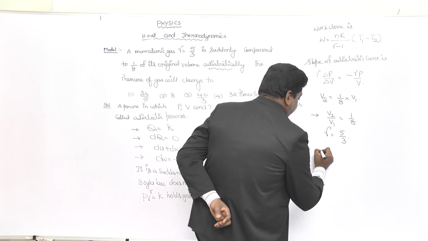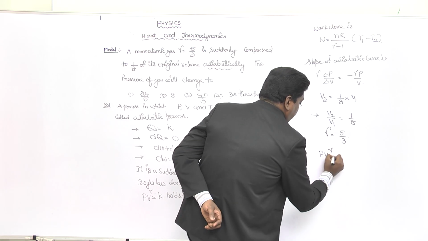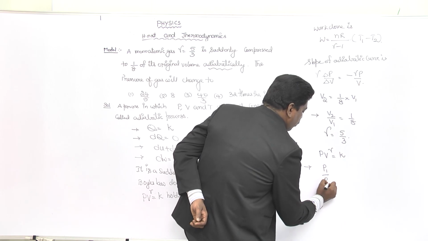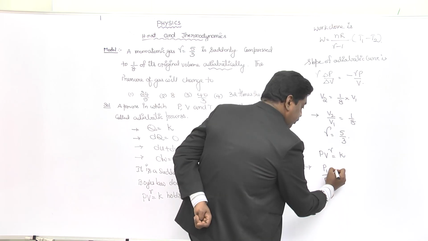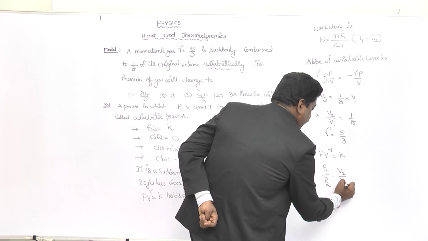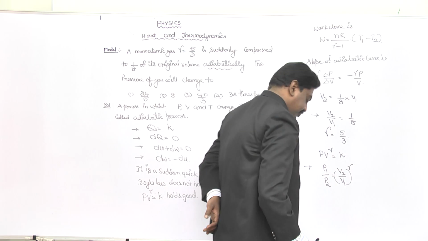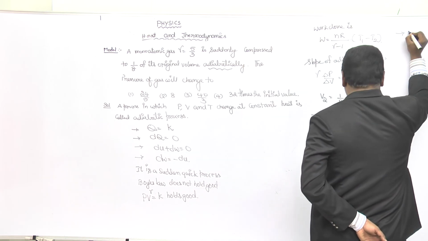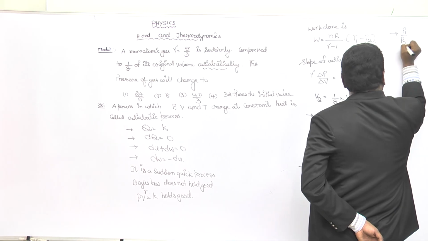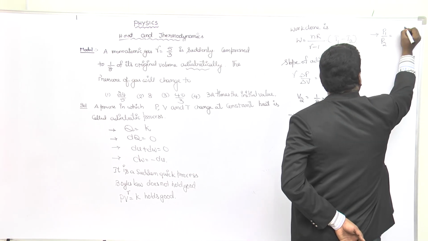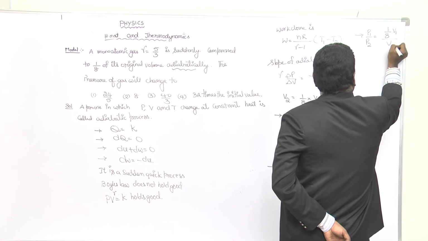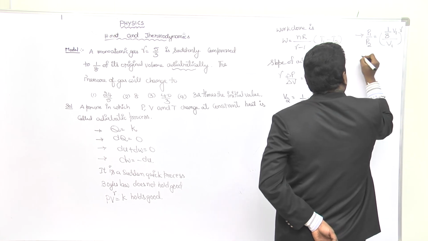From the law itself, we have PV^gamma equals constant. It implies P1 by P2 is equal to (V2 by V1) whole to the power of gamma. This we can write as P1 by P2 equals (1/8 V1 by V1) whole to the power of gamma.